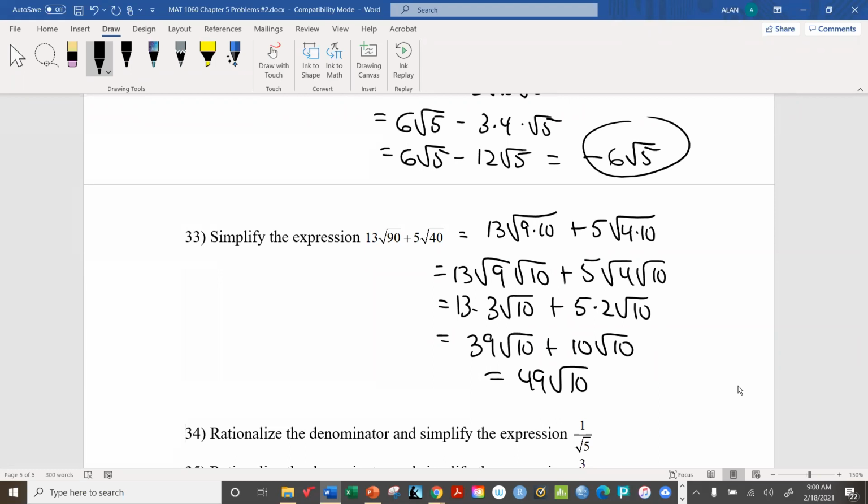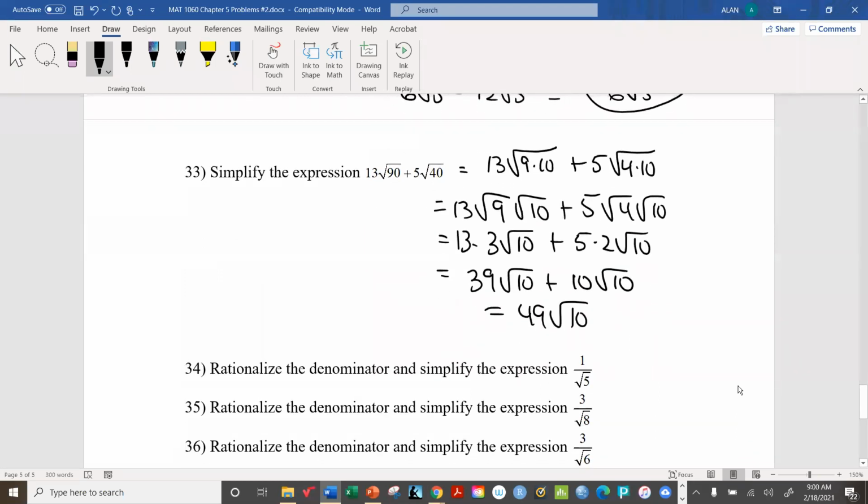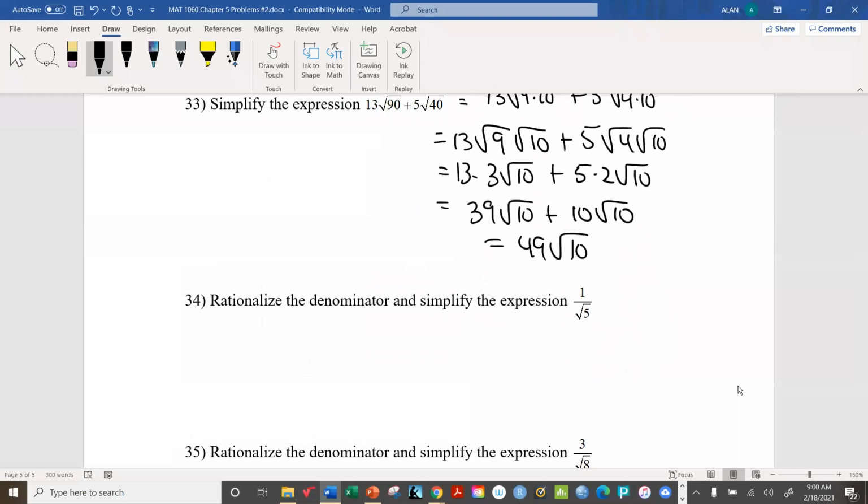All right, now these last few, we're going to have to rationalize the denominator and simplify. If you notice, in each of these cases, we have a radical in the denominator, which we always like to avoid whenever possible. So what do we do with this one, for example? Well, we always can multiply any number by 1 without changing its value.